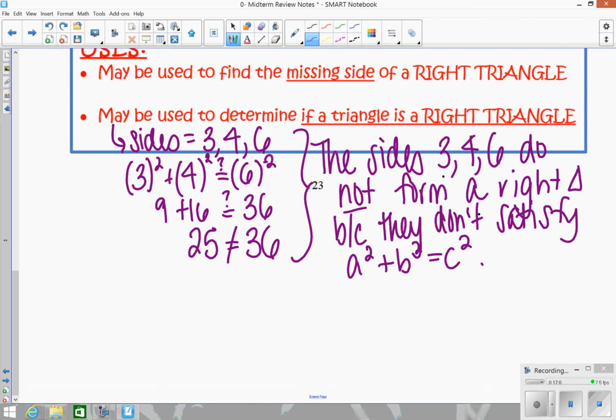You could also use that for right triangle coordinate proofs. If you found the distance of the three sides, you could then plug them in, and if they work in the Pythagorean theorem, you prove that you have a right triangle. So that's just another option.